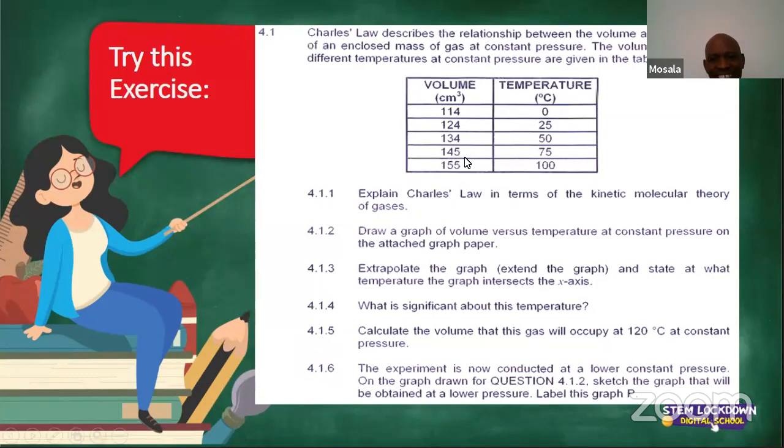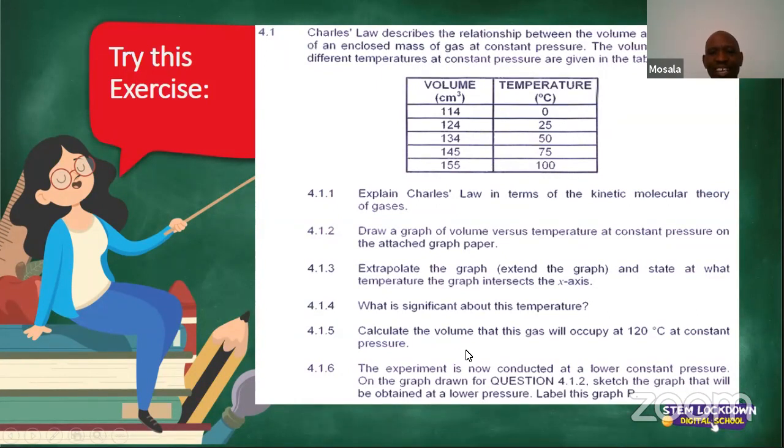Looking at our data, we have volumes here. Say we have 155 and your temperature is 100. To convert the 100 to Kelvin scale, you have to add 273. So it will give you 373.